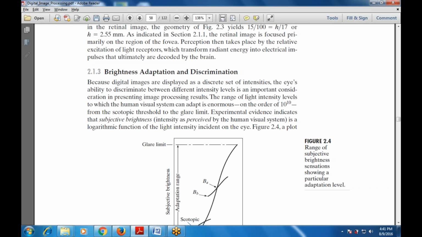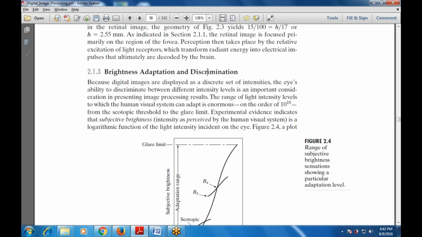Digital images are displayed as a discrete set of intensities, and the eye's ability to discriminate between different intensity levels is an important consideration in presenting image processing results.